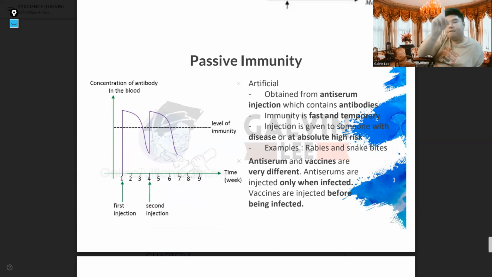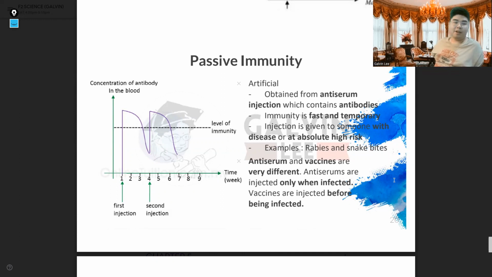Another difference: vaccine provides you immunity before you get sick, whereas anti-serum provides you with protection only after you get sick.